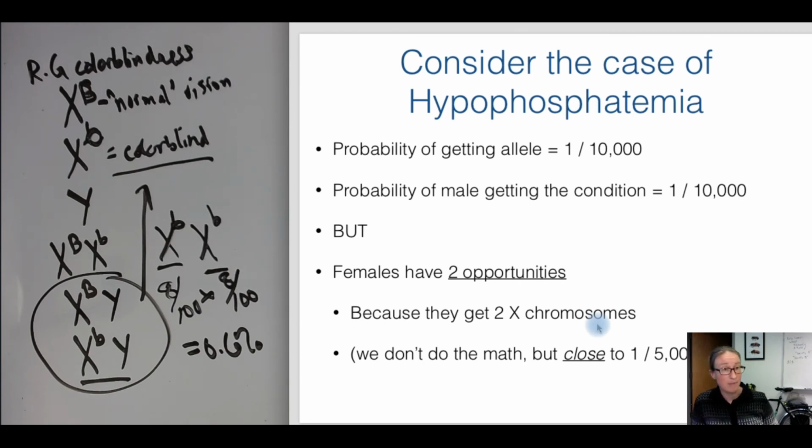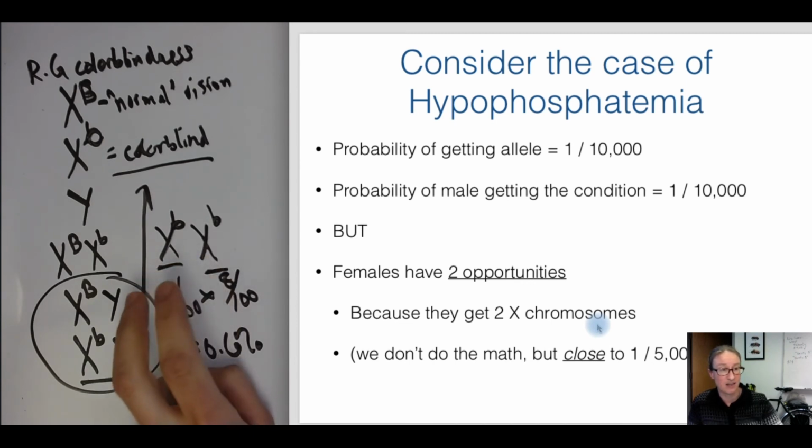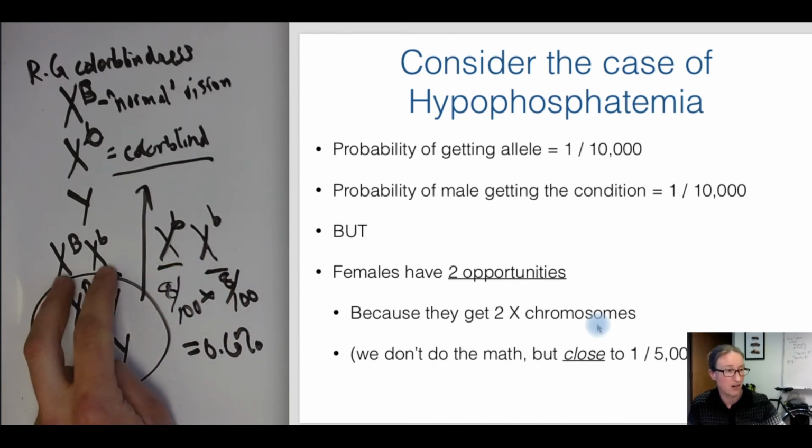The probability of getting the hypophosphatemia allele is 1 in 10,000. So the chances that a male would wind up with hypophosphatemia are 1 in 10,000. But females have 2 opportunities to wind up with that hypophosphatemia allele. If they're heterozygous, they're going to wind up with hypophosphatemia because they have 2 X chromosomes.